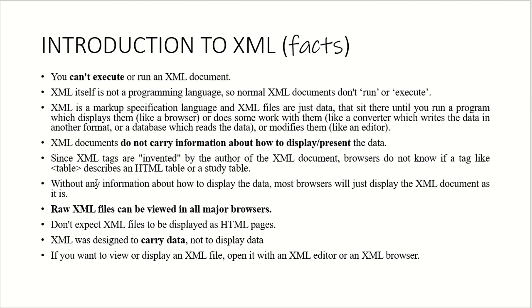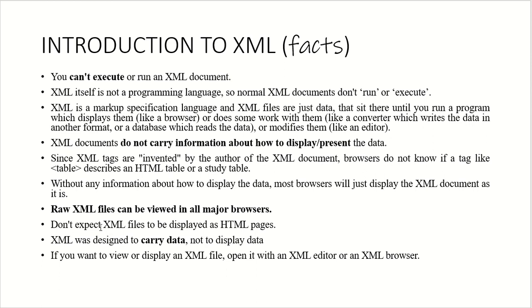Alright, so without any information about how to display the data, most browsers will display the XML document as it is. So it is obvious that if we do not have any information about how to display or present the data, we will output the data as it is. So raw XML files can be viewed in all major browsers.